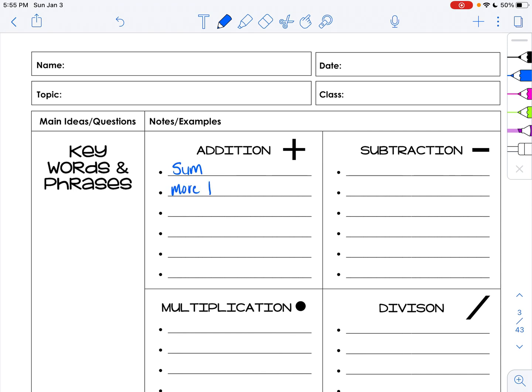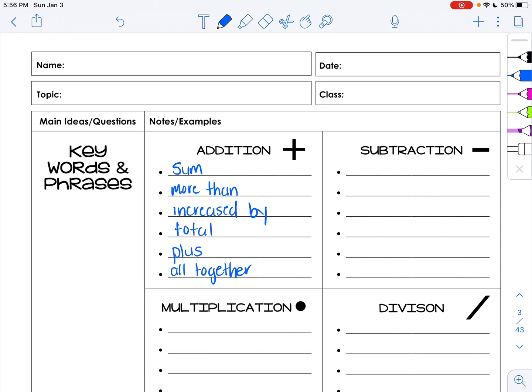more than, increased by, total, plus, and all together. All of these words mean we need to add. Just like with addition, we have words that mean subtraction.